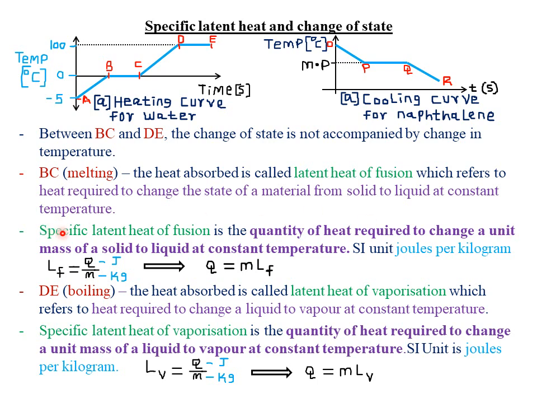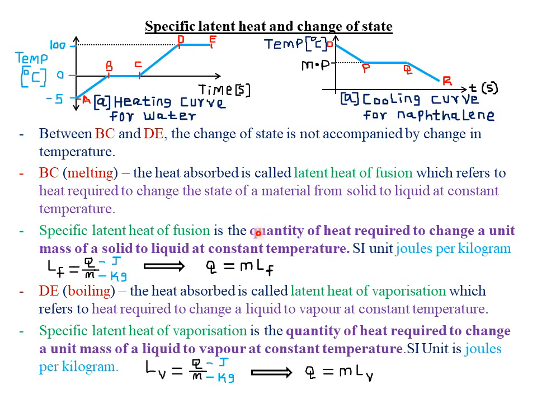If we don't specify the mass, then we are simply talking of the latent heat of fusion. So specific latent heat of fusion is simply the quantity of heat required to change a unit mass of a solid to liquid at a constant temperature.